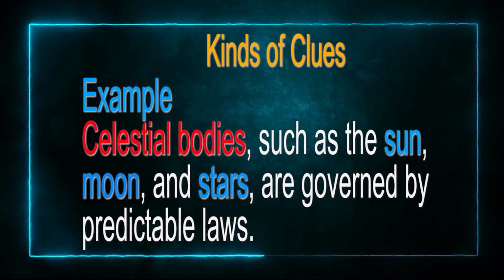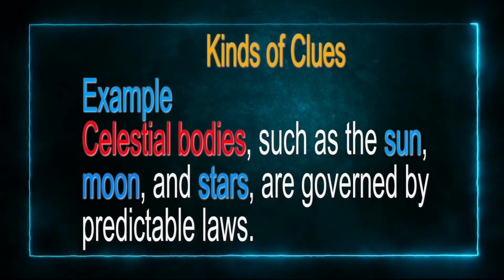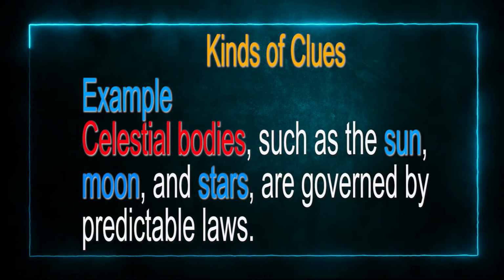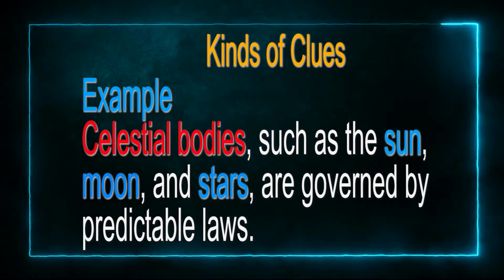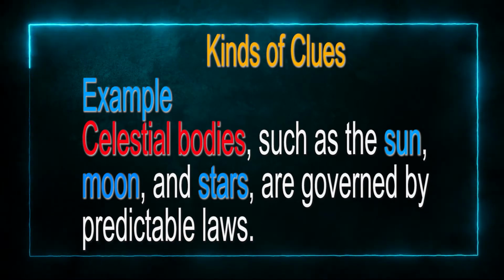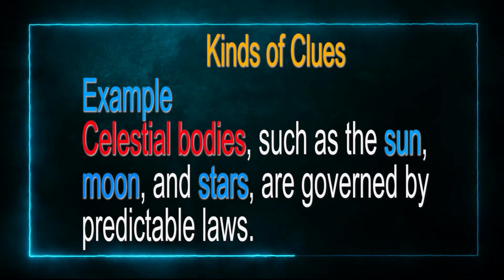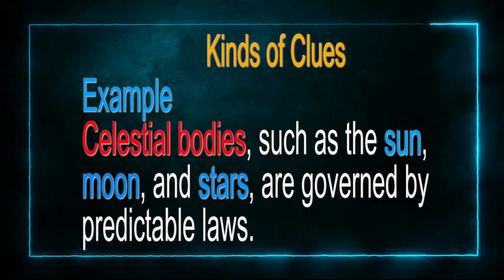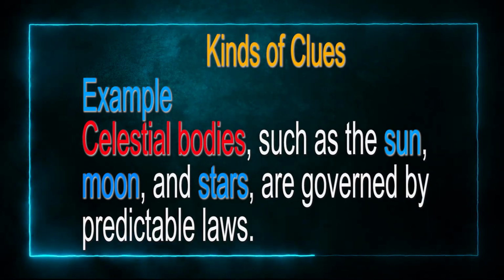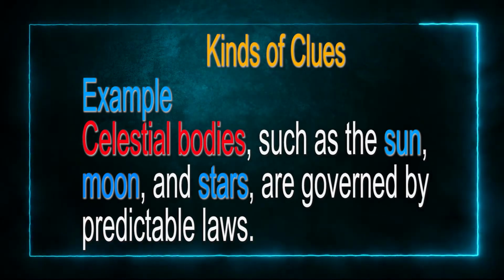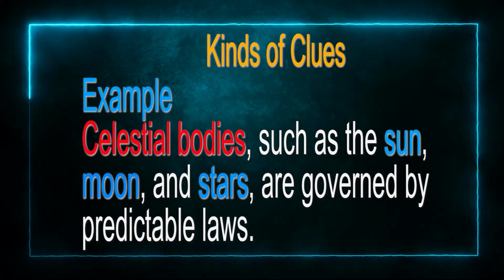And there we're trying to find the meaning of the word celestial bodies. The examples given there are sun, moon, and star, which would help us to realize that celestial body is speaking about the things that we probably find in the solar system or somewhere out there in the universe.